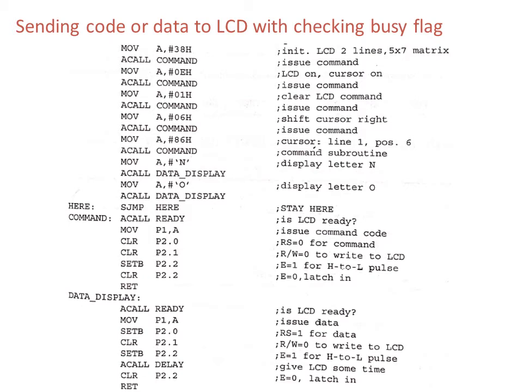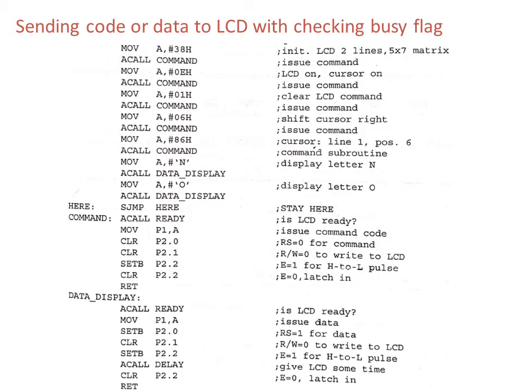Again, MOV P1, A: the content is copied to port 1. CLR P2.0, CLR P2.1, that is nothing but RS equal to 0 for command, and then again the read write operation, in that it sets it to 0 for write operation.